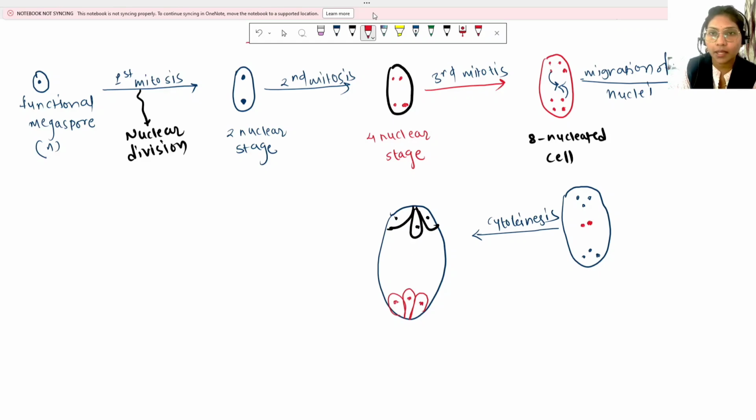At the center, there will be the largest cell of the embryo sac, which is the female gametophyte, known as the central cell, which has 2 nuclei in it.